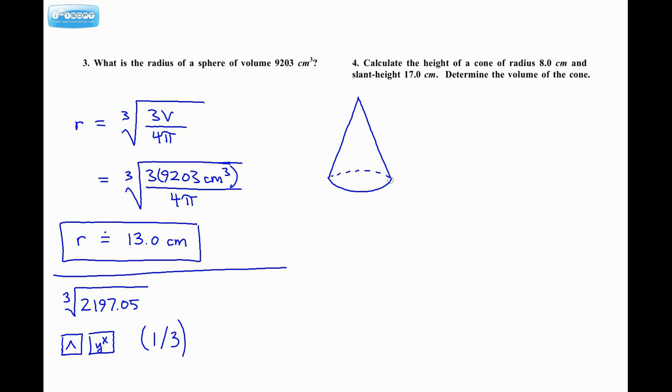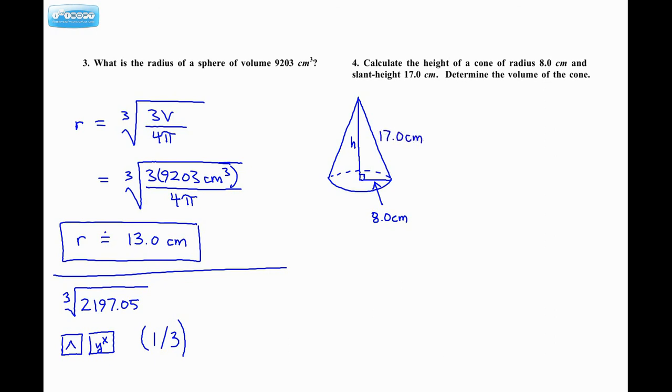I know that the radius here at the bottom is 8 centimeters. No problem. I'm going to need the height to find the volume of the cone, but I don't know what the height is. So until I figure it out, I'm going to label it as h. The slant height is given, though. That's this right here. That's 17 centimeters.